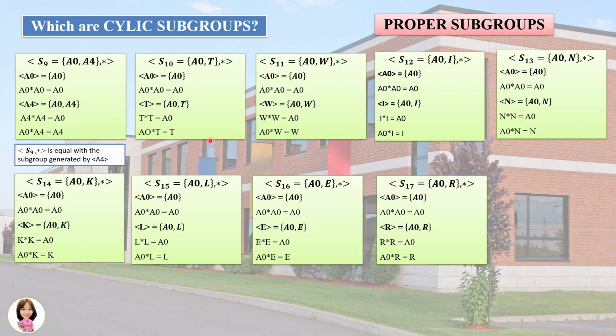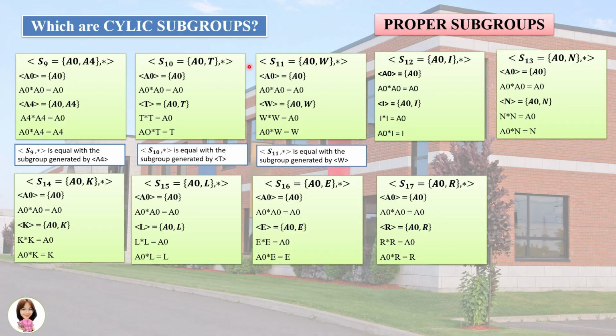Next, we have the group S sub 10, which contains the elements A0 and T under binary operation star. Obviously, A0 is not a generator of S sub 10. Next, we have the elements generated by T. Obviously, this is the generator of S sub 10, since it generates the entire group of S sub 10.